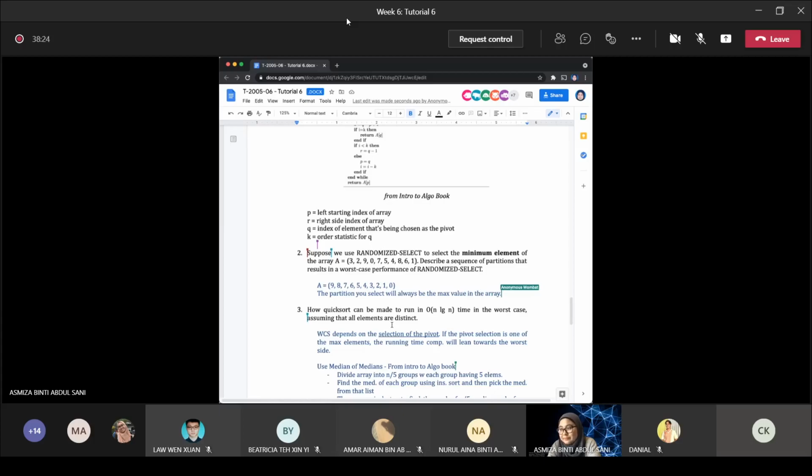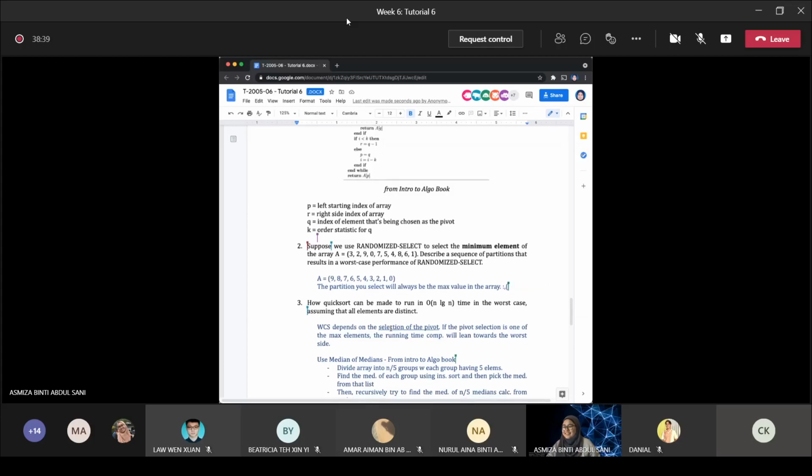That is when you will get the worst case performance of randomized select. It's similar to quicksort.